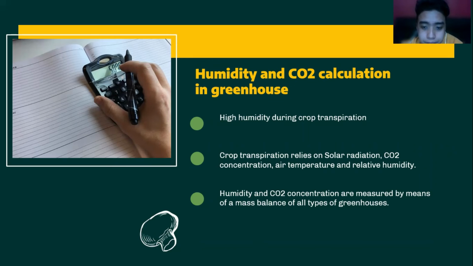The changes in humidity and CO2 concentration are measured by means of the mass balance of all types of greenhouse. So the rate of change in CO2 and water concentration within the greenhouse is calculated using the general equation.